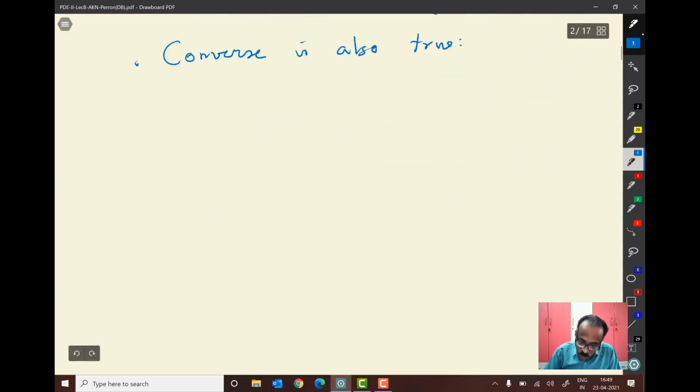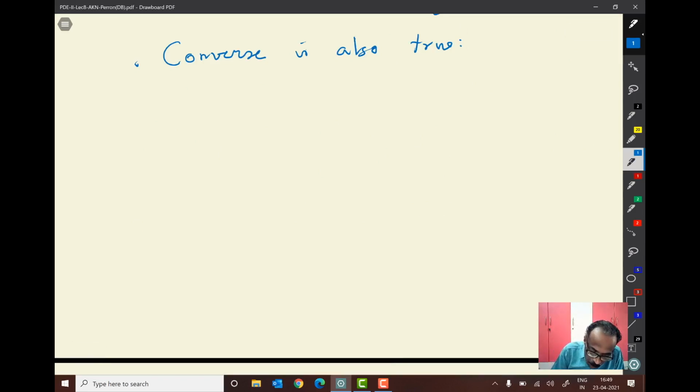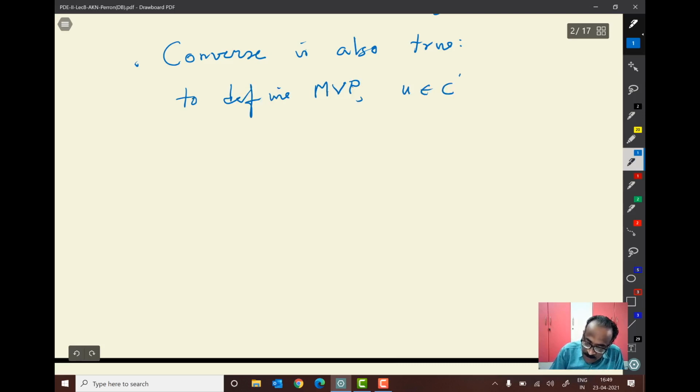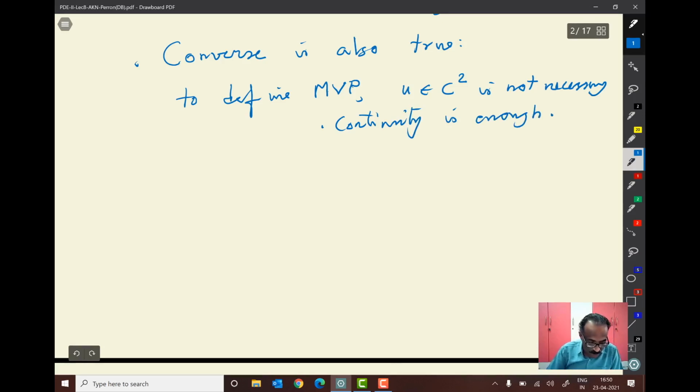The advantage is that to define mean value property, you don't need the differentiability of u. u in C2 is not necessary. You see, continuity is enough. So the mean value property actually gives you the smoothness of the function.